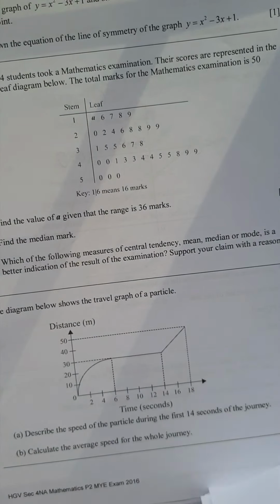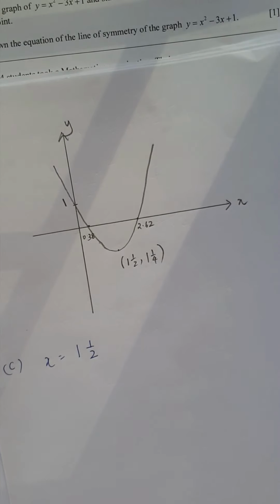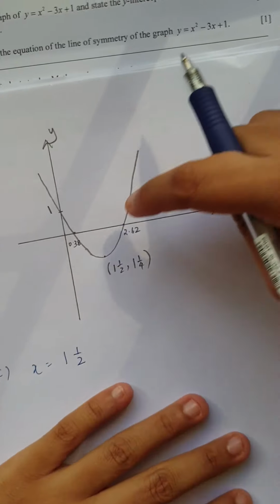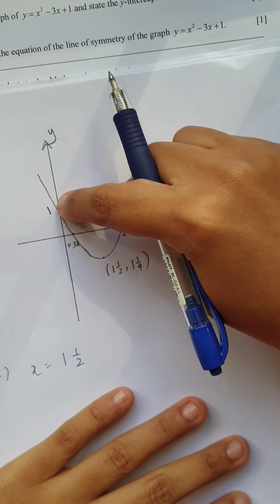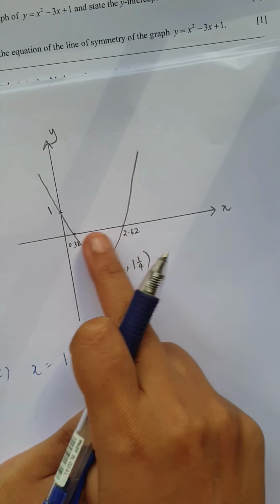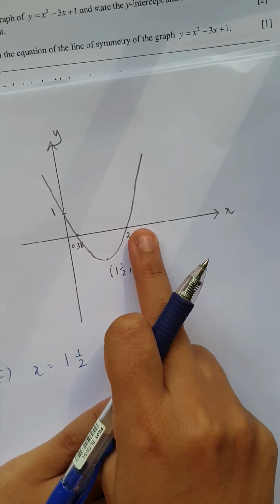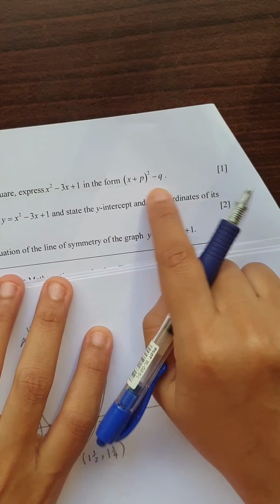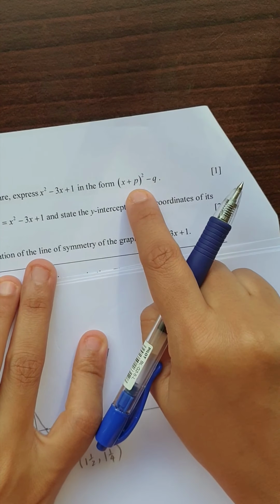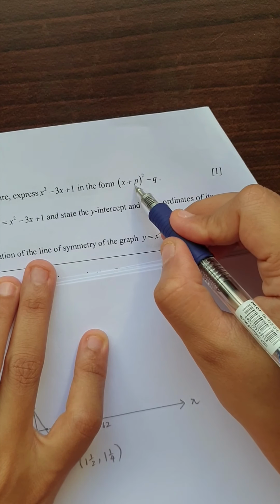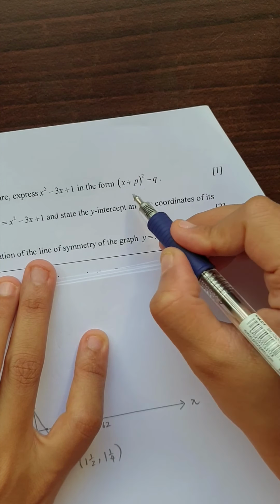Alright, so any bit of confusion here, please refer to your Sec 3 textbook about how to draw a curve. Basically, you have to find the x-intercepts and your y-intercept. And then to find the minimum point, you need to find the midpoint of these two. Which you can also find if you have an equation like this. So the turning point or the minimum point will be given by, remember, inside you change the sign, outside you don't change the sign.